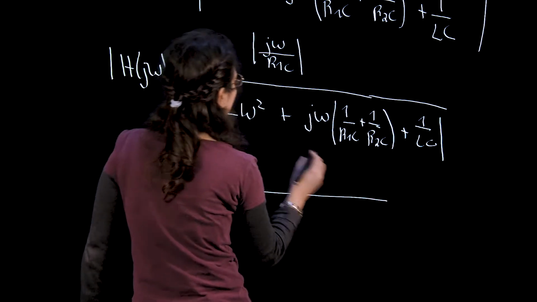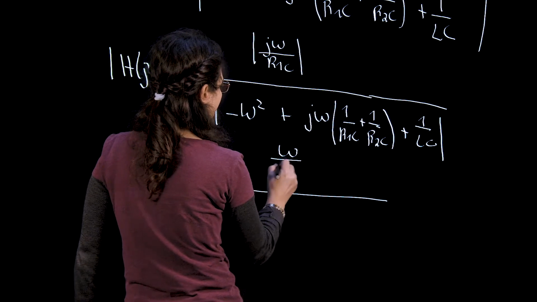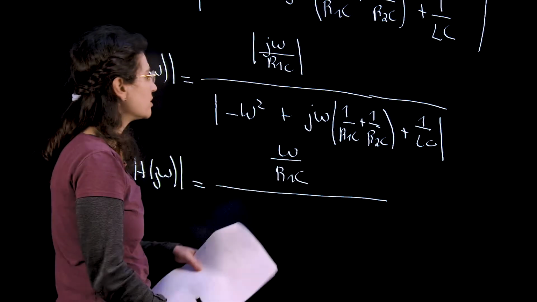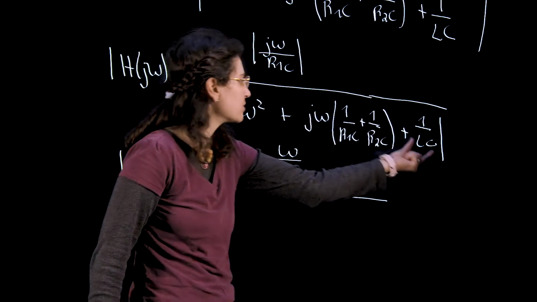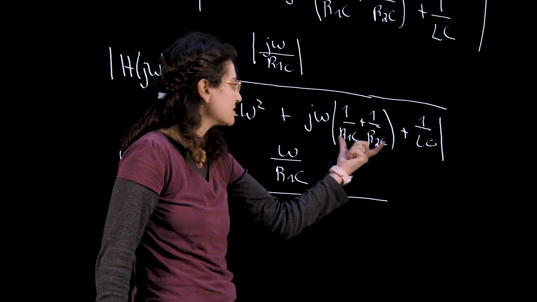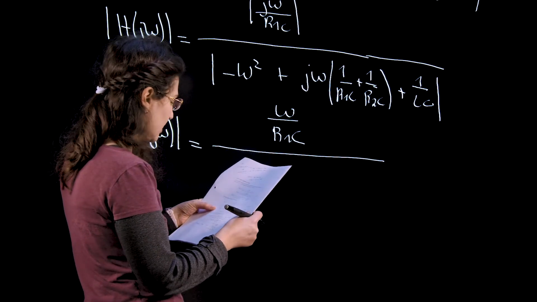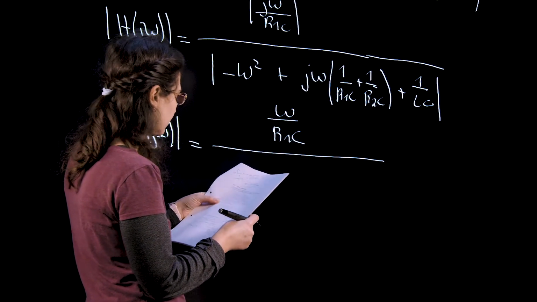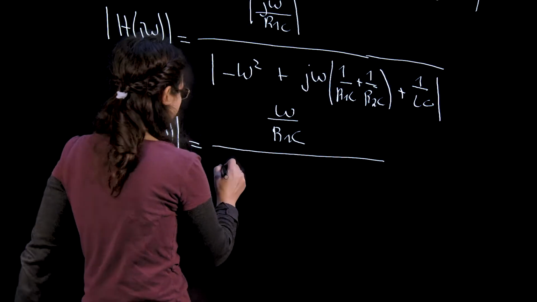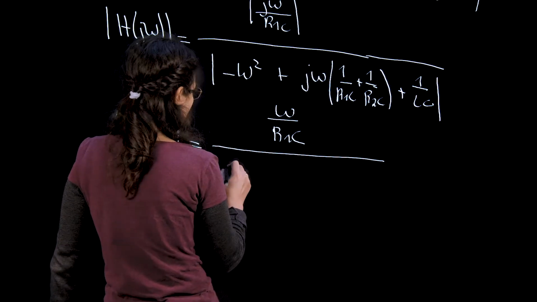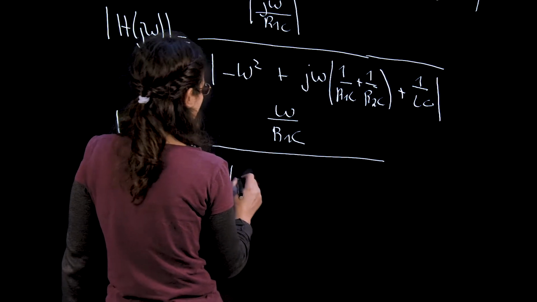And so, on the numerator, we get omega over R1C. And on the denominator, we have these two numbers are real, and this is imaginary. So, I'm going to write the square root of the real part squared.